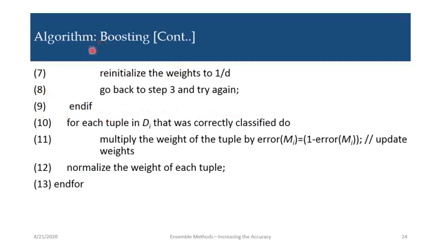Otherwise, for each tuple in Di that was correctly classified, multiply its weight by error(Mi)/(1 minus error(Mi)). This is the formula for the updated weights, so we are updating the weights based upon the error of the classifier. Normalize the weights for each tuple and end.